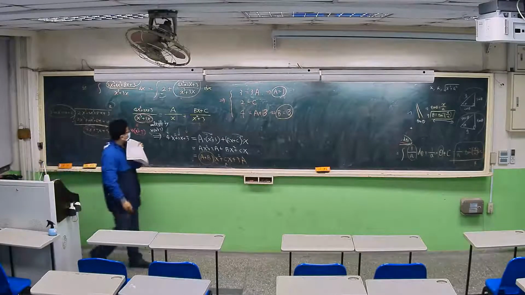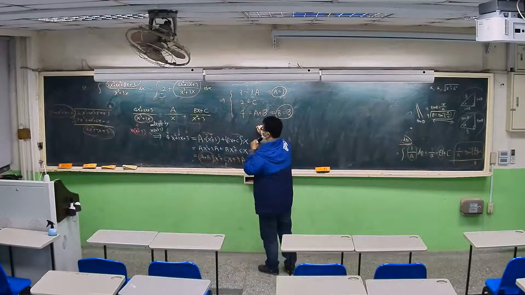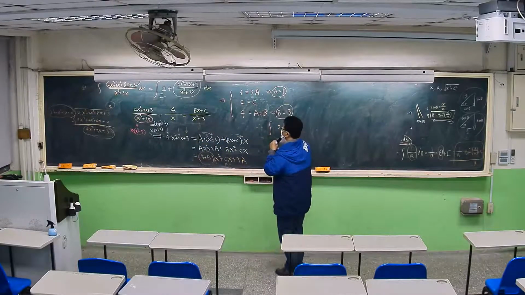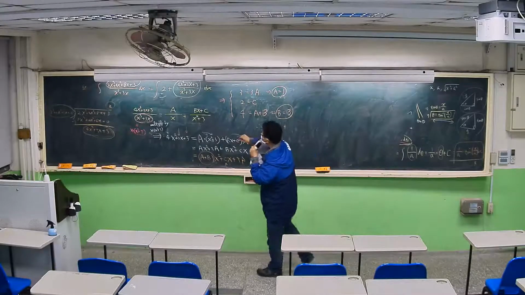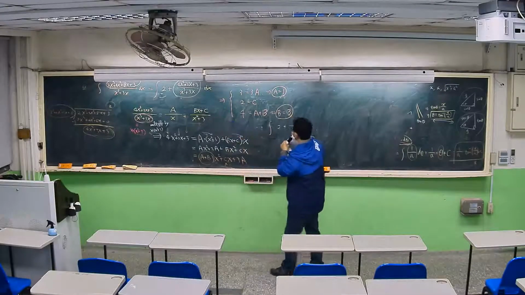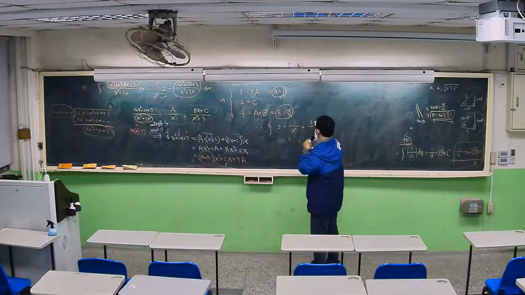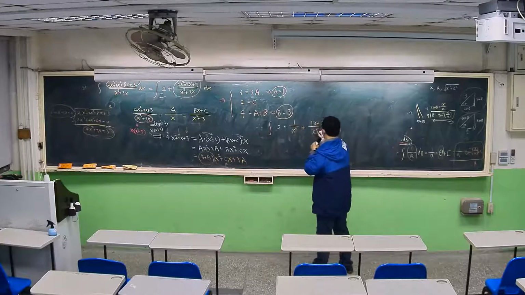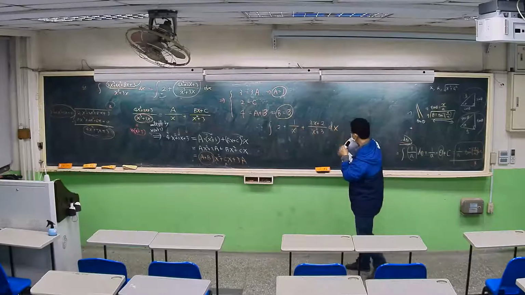Now we can figure out the constants A, B, C. So now let's write down this term: it's equal to 2 plus, capital A is 1, over x, plus 3x plus C is 2, over x squared plus 3, dx.